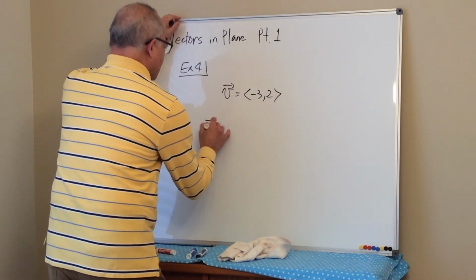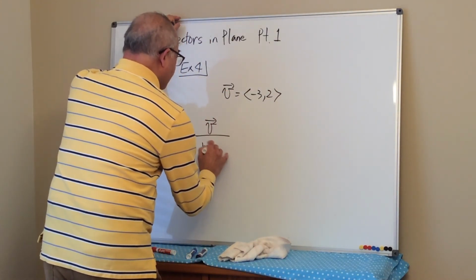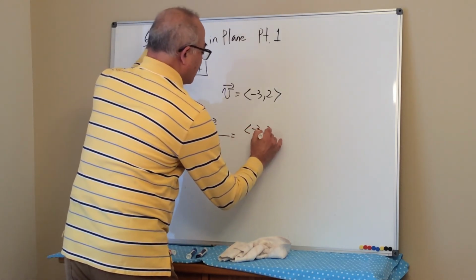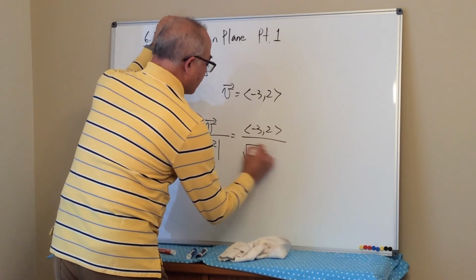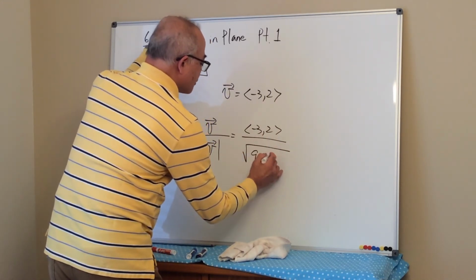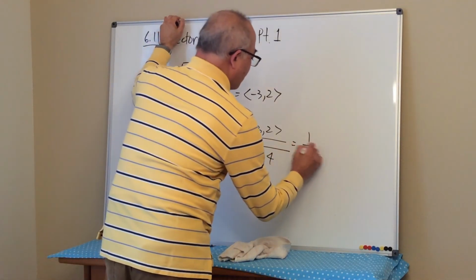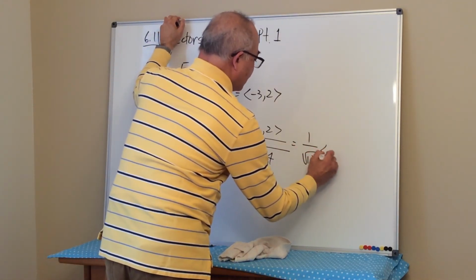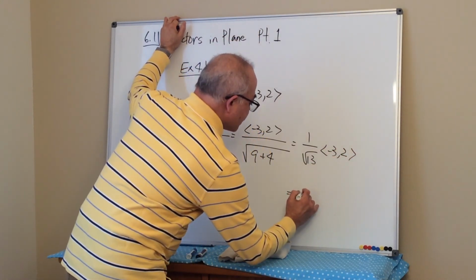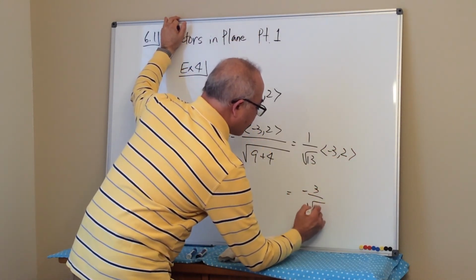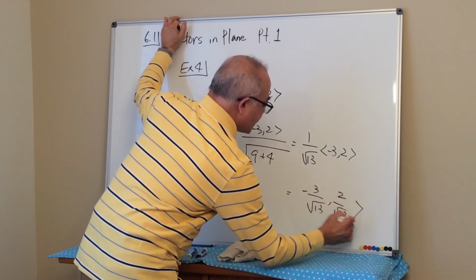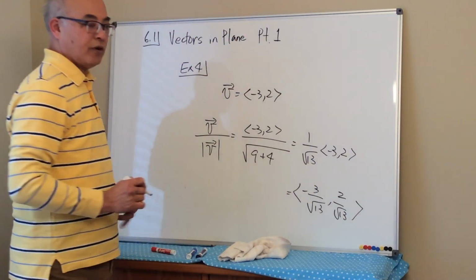I take the vector itself divided by its magnitude. The magnitude is the square root of negative 3 squared, which is 9, plus 2 squared, which is 4. So I get 1 over root 13 times (-3, 2). So the unit vector is (-3 over root 13, 2 over root 13), and that is my unit vector.